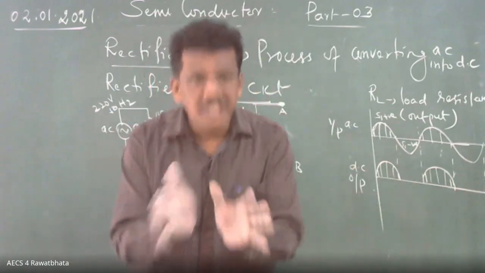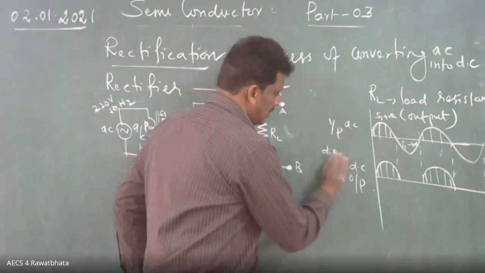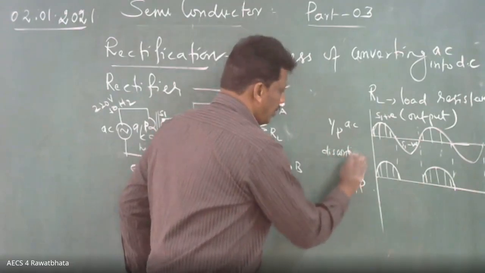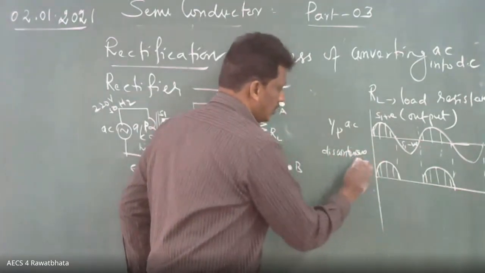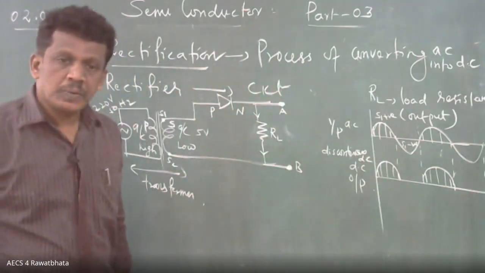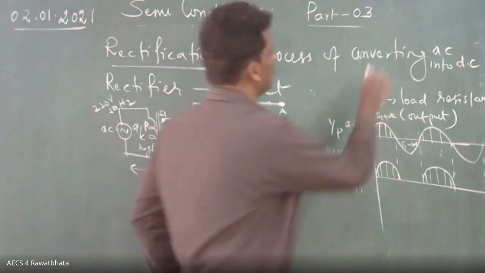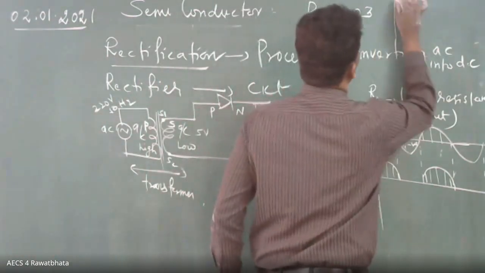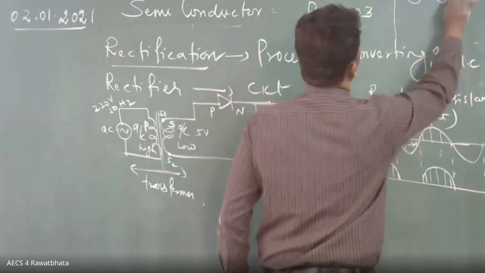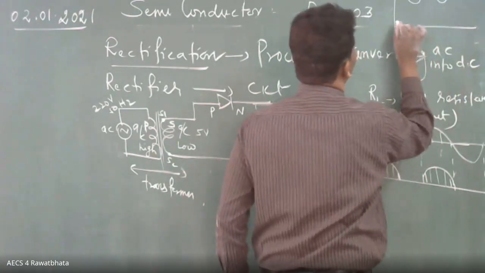So it is discontinuous DC. But what is exactly DC, you tell me? This is AC.